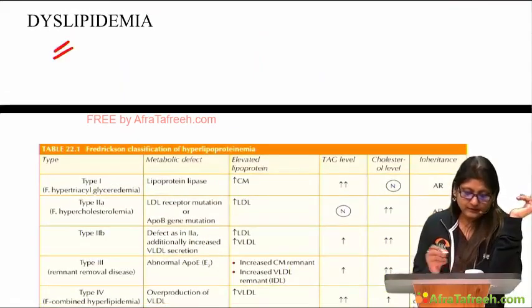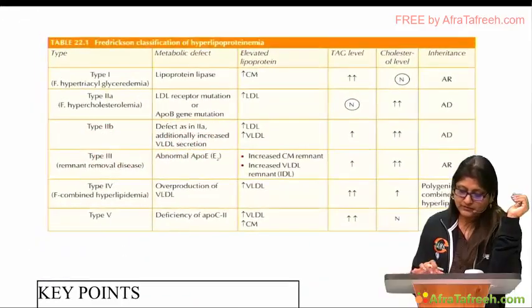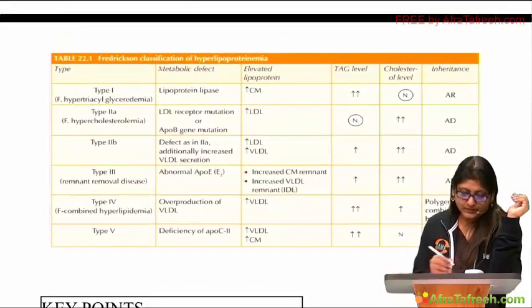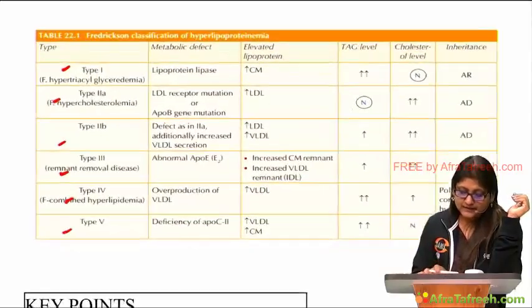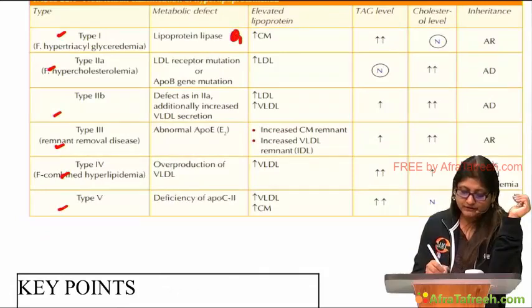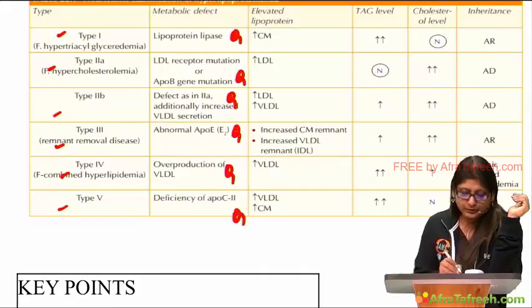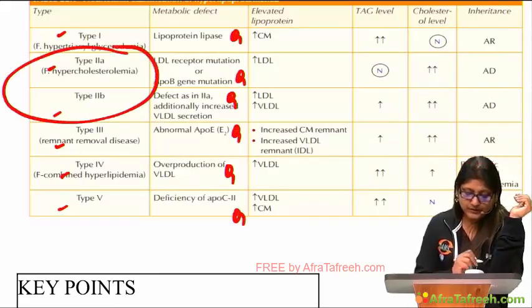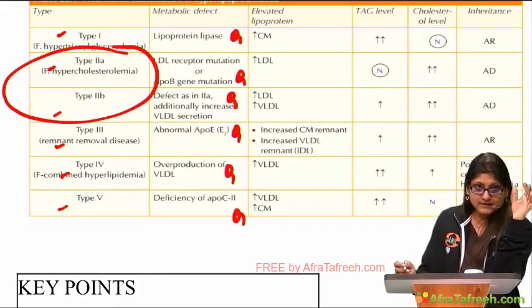Now coming to dyslipidemia, where the lipoprotein level is going to change in the blood. So you have these various dyslipoproteinemias, the type 1, type 2a, type 2b, type 3, 4 and 5. And in this table you mark the important defects which are responsible for these disorders. Most important for you are type 2a and 2b, where the problem is in LDL clearance.